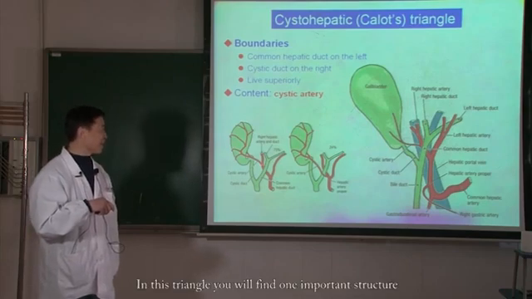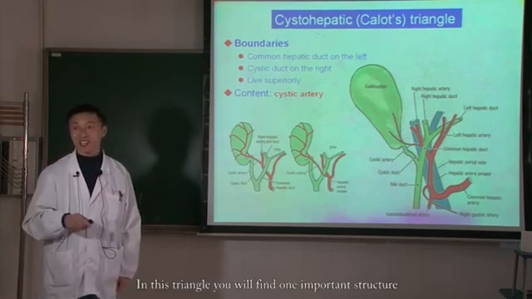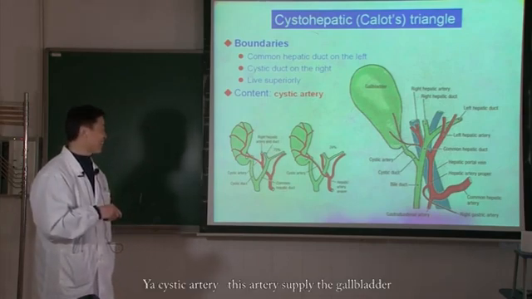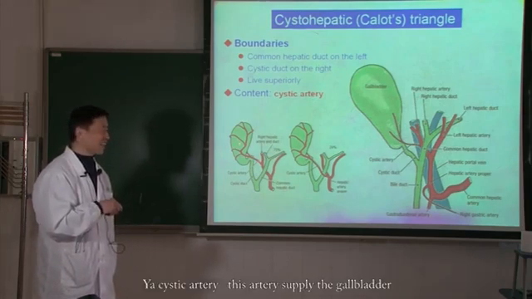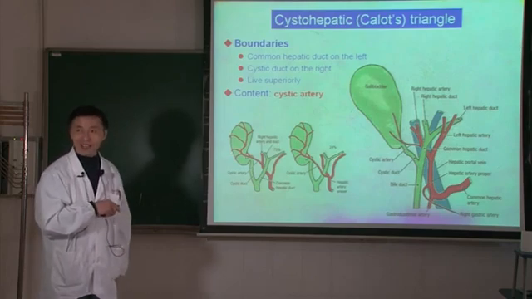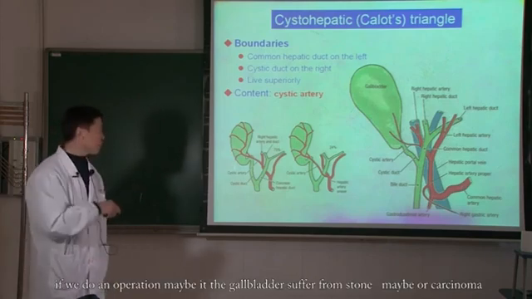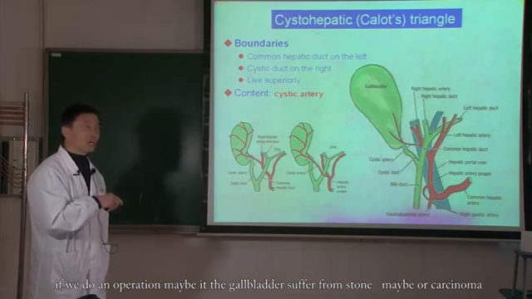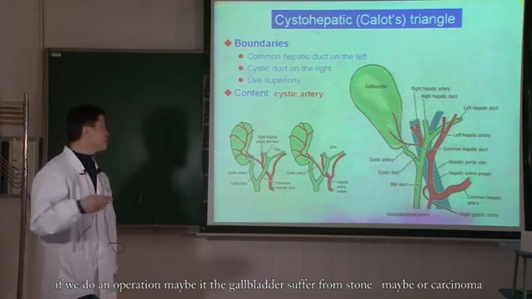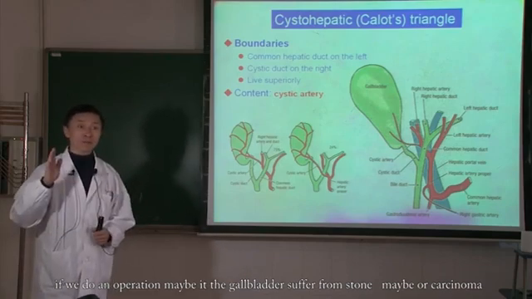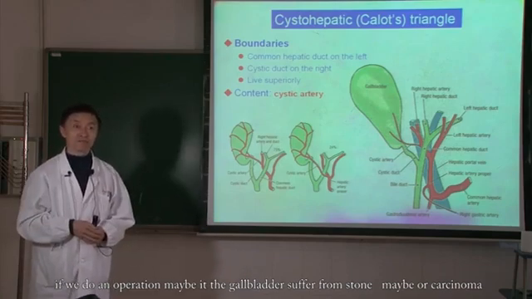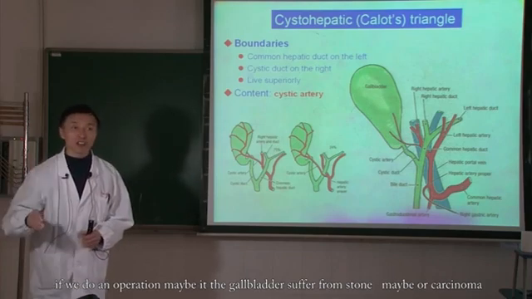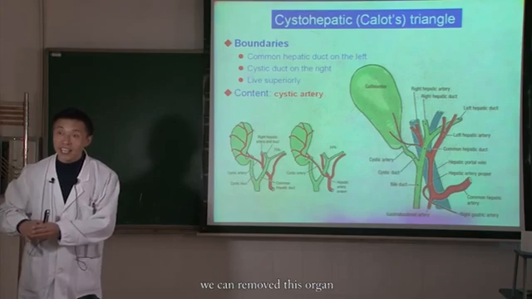In this triangle, you will find a very important structure: the cystic artery. This artery supplies the gallbladder. If we do an operation, maybe the gallbladder suffers from stones, or maybe carcinoma, we can remove it.